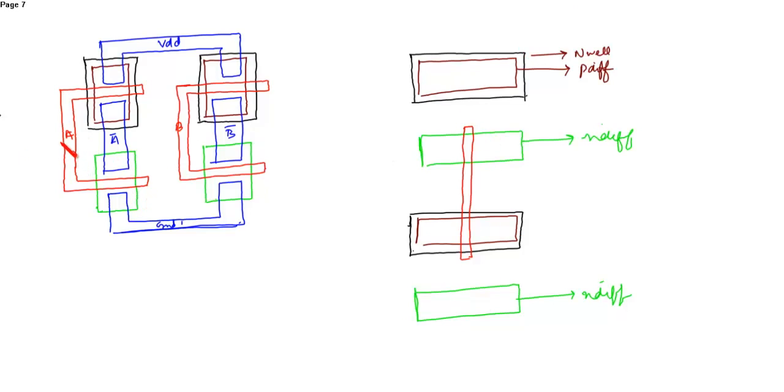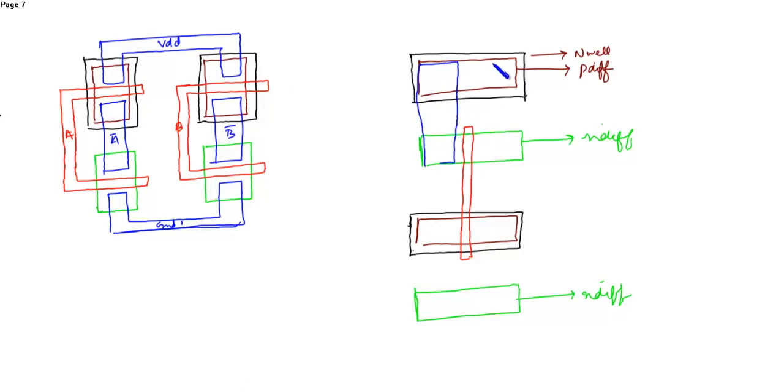First see, this A is connected to these two gates, then A bar is connected over here. So since A bar is connected to this, then B is connected to the source and B bar is connected to this source. So before drawing that, form the inputs and outputs.